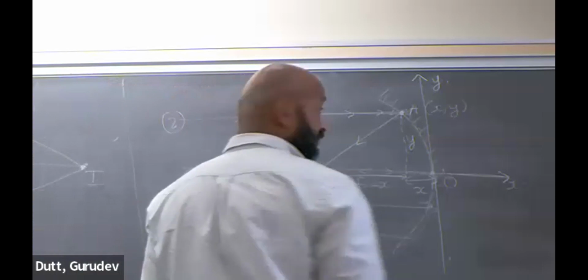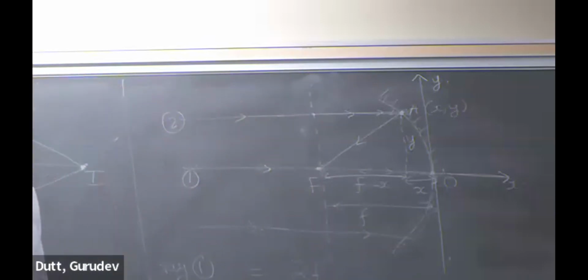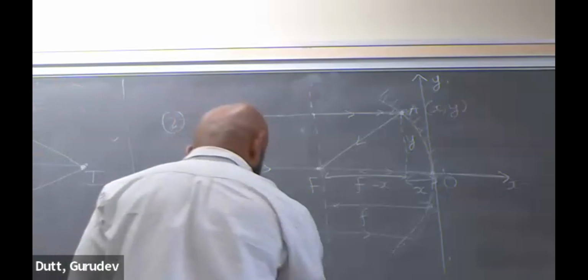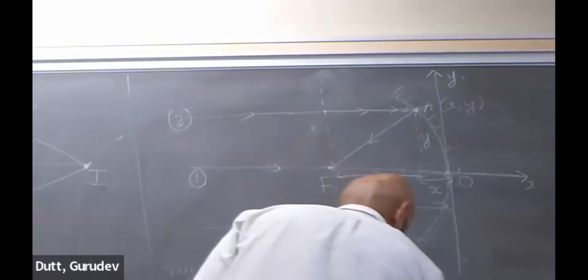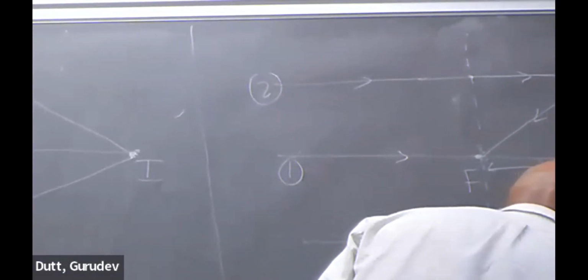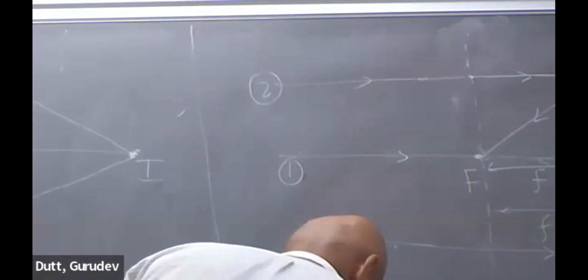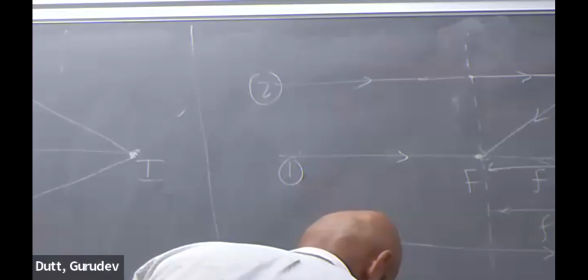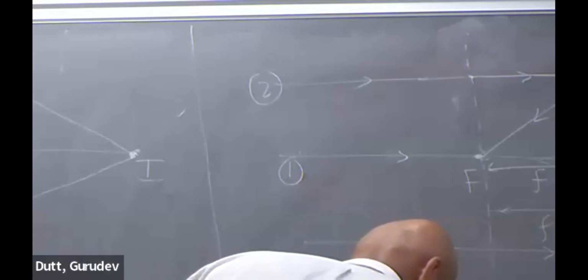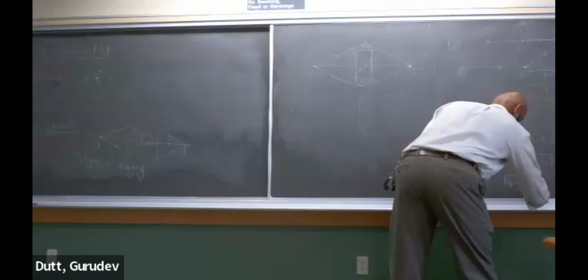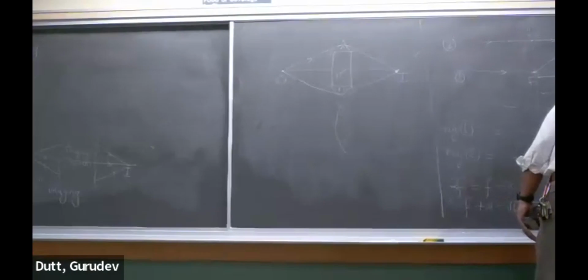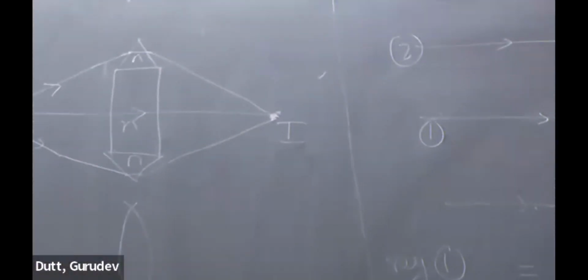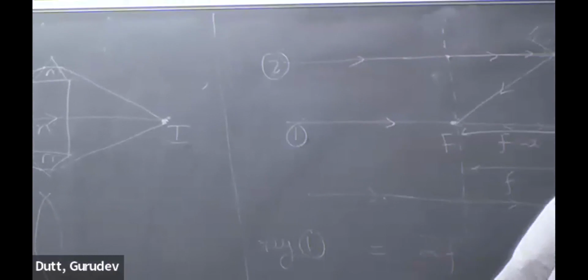And these two rays must take the same amount of time if you are to form an image at the point F. So I equate 2f equals f minus x plus the square root of (f minus x) squared plus y squared. It's pretty straightforward to do the algebra. You write this as f plus x equals the square root of (f minus x) squared plus y squared. Now square both sides and simplify, and the end result, I'll just write the end result, is x equals y squared divided by 4f.